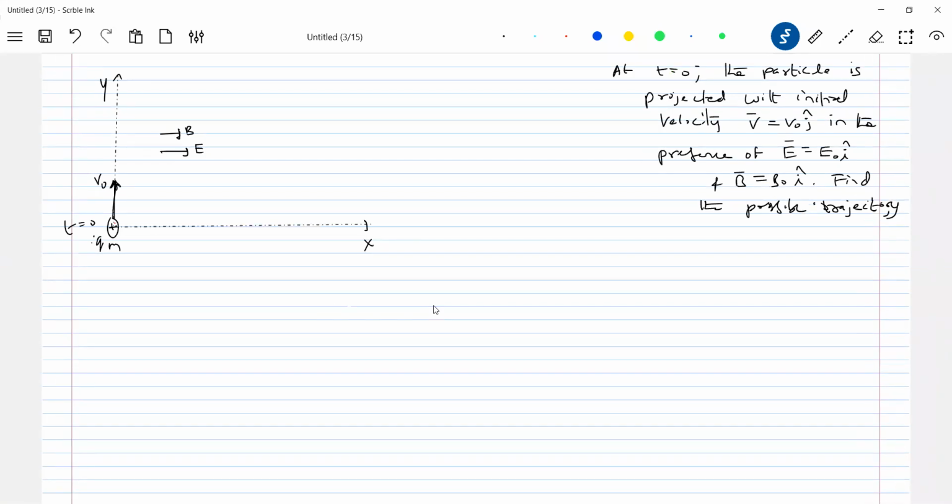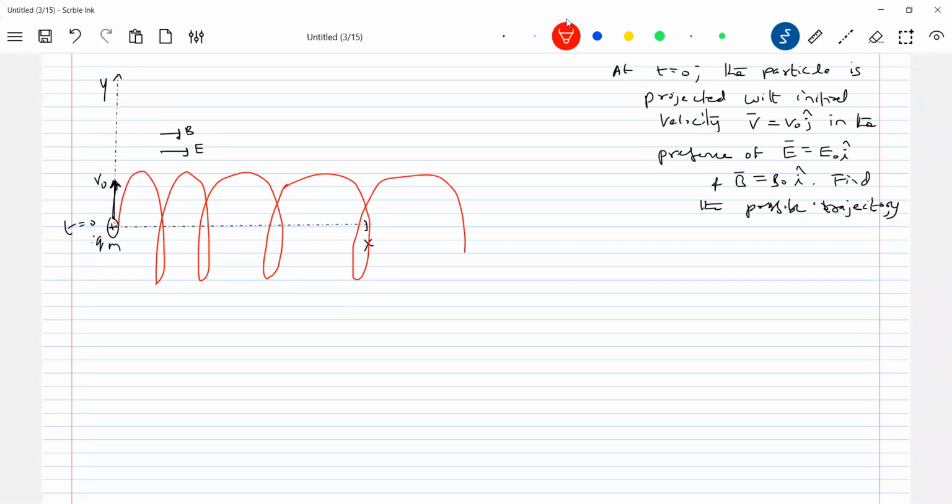Let me redraw it. So it will be 1, 2, 3, 4 lines. So this will be the pitch, P1, P2, P3, P4.